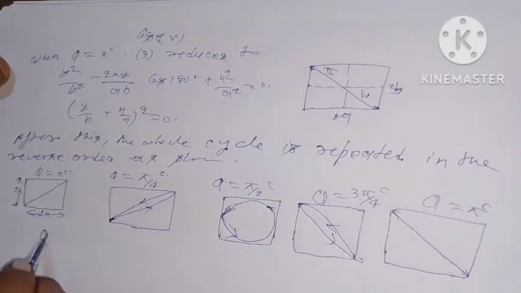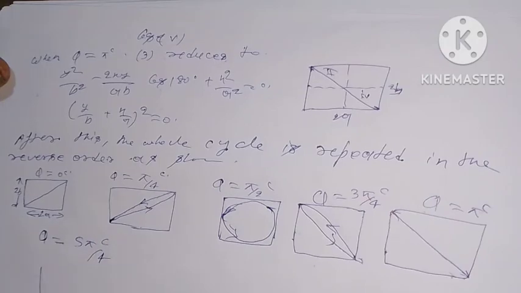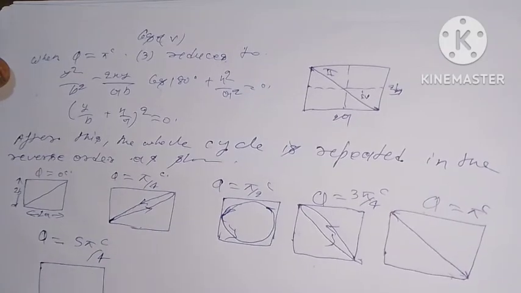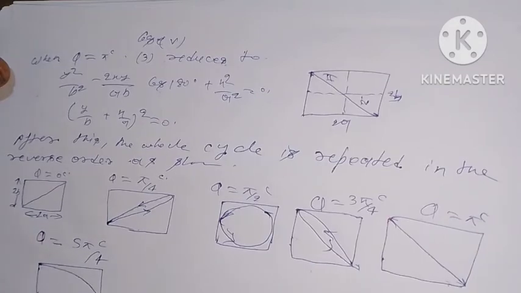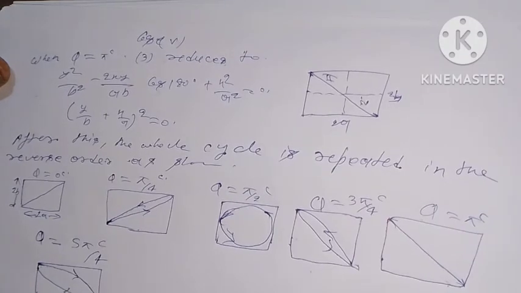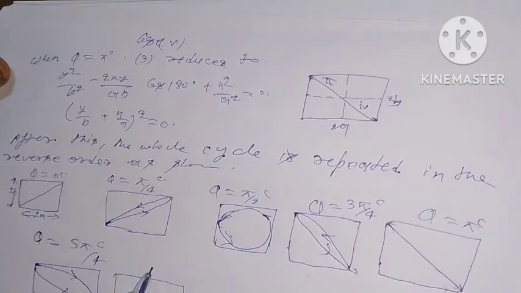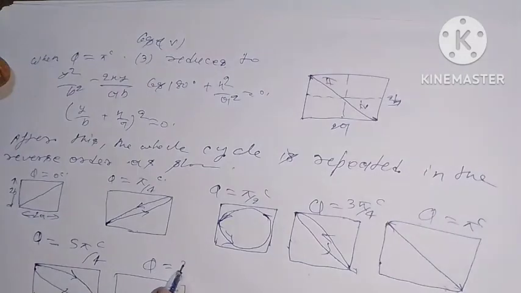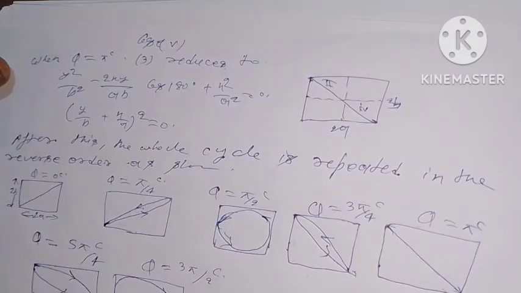And after that, phi equal to pi by 4 radians. Then after some time, phi equal to 3 pi by 2 radians. That is, the figure is oppositely moved in the same shape.